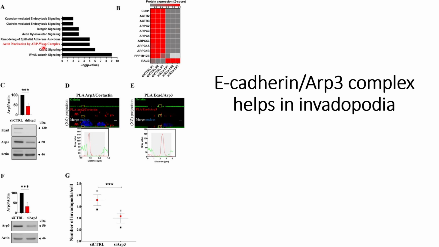When they checked the genes involved in these ARP pathways with E-cadherin downregulated, they saw that those genes are downregulated compared to the case where control silencing RNAs are used.